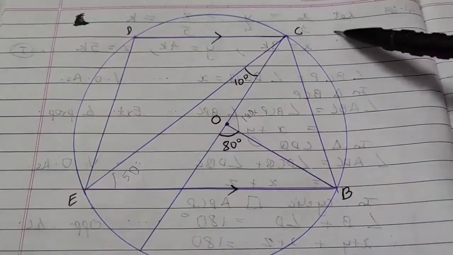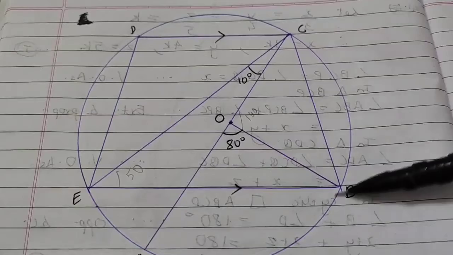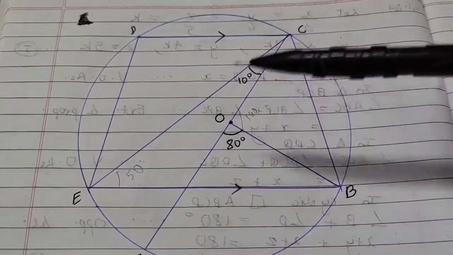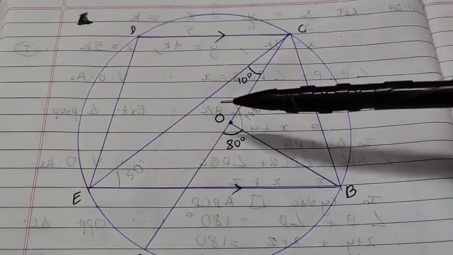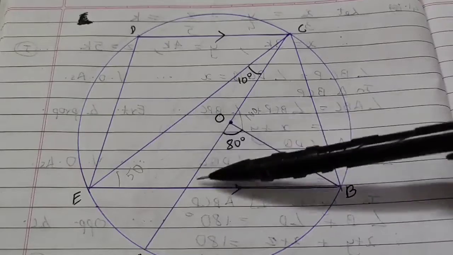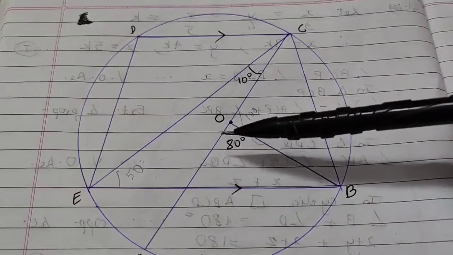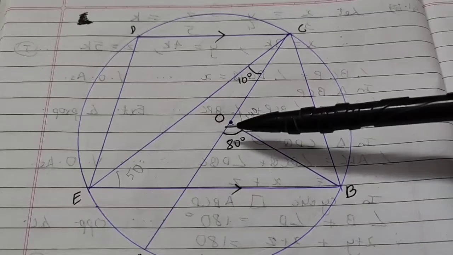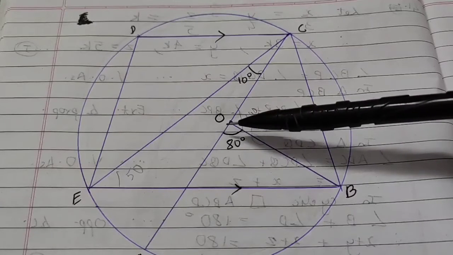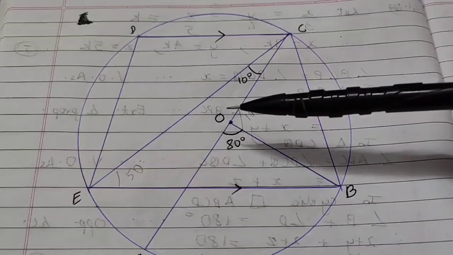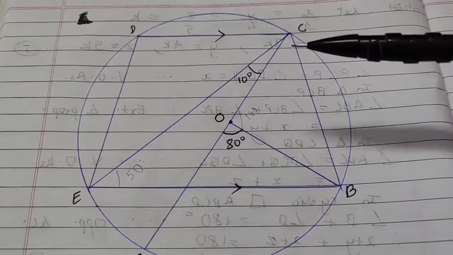Notice how huge diagrams should be drawn so that it's easy for us to visualize the angles and write all the new values we are finding, which will be useful in Roman number 2 and Roman number 3. If you have a small diagram, it becomes very congested and you may not be able to understand how to solve. In fact, when the time comes for you to revise all the sums, I have an idea.